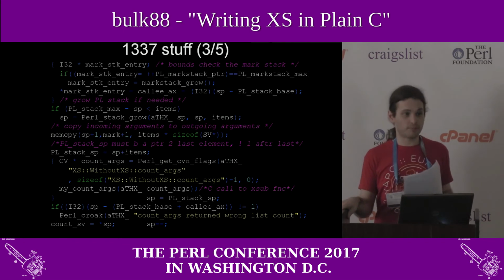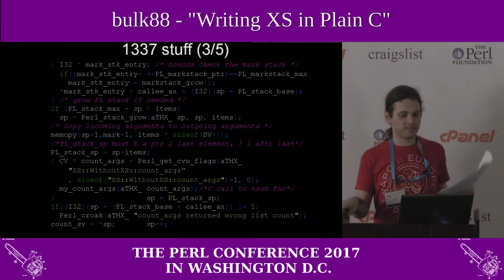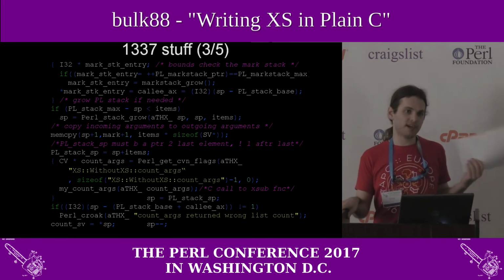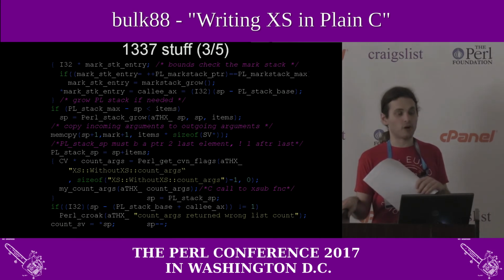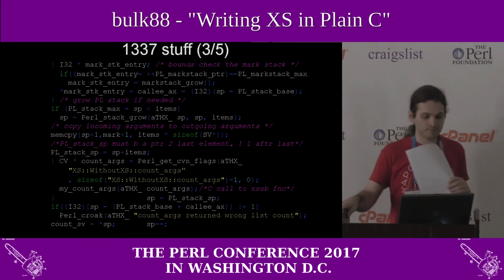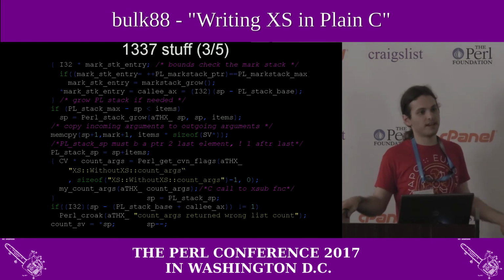Then we have to grow the Perl stack because we have to create outgoing elements. This XSub simply copies the incoming arguments and repeatedly sends them to callees as outgoing arguments. Now, remember that all outgoing arguments become your incoming arguments from your child calls.